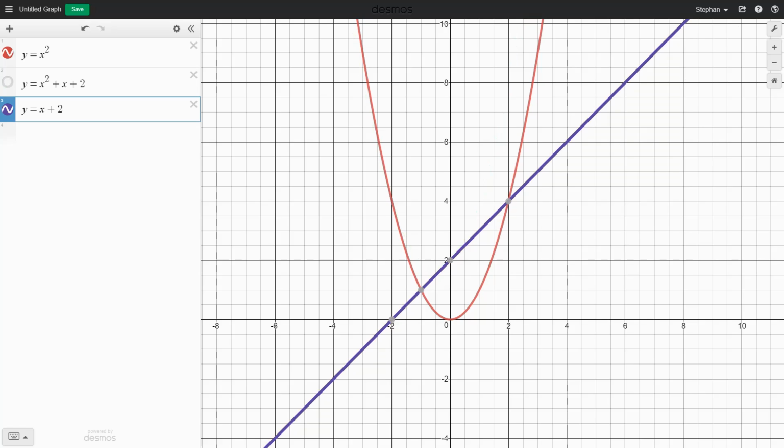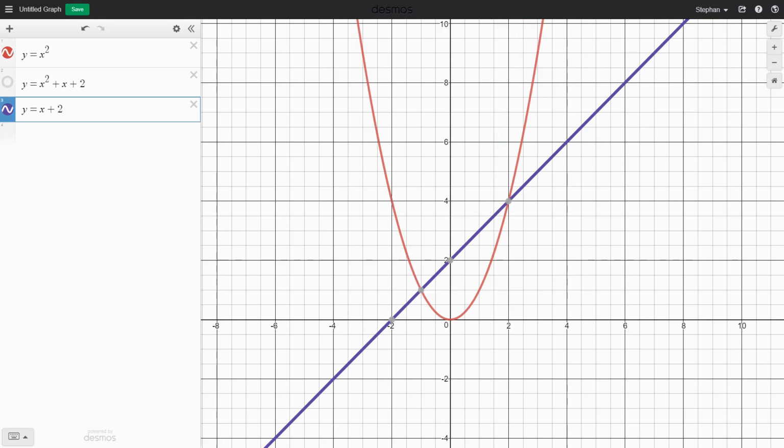The difference between the first two, the red one and the one I just got rid of, and this new one, this purple line, is that there's no x squared term, and that's going to be key. So in the first two, the red one and the green one, there is a squared term. There are other bits and pieces in the green one too, the x plus 2, but there is a squared term. And that makes a parabola.